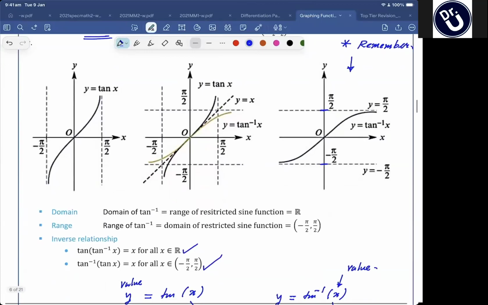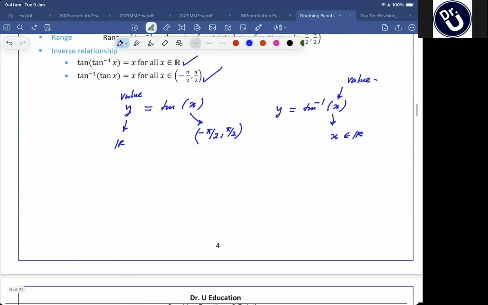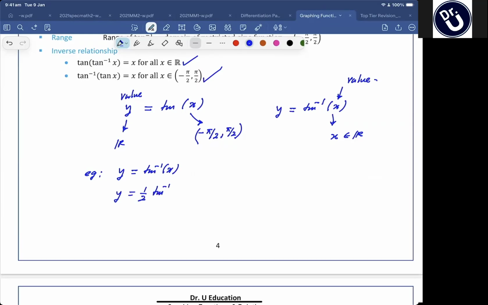In the future, you get questions like this. Example, now you got y is equal to tan inverse x, right? So what if you get y is equal to half tan inverse x? What will happen to the horizontal asymptotes? Easy, but it should come very quick, right?